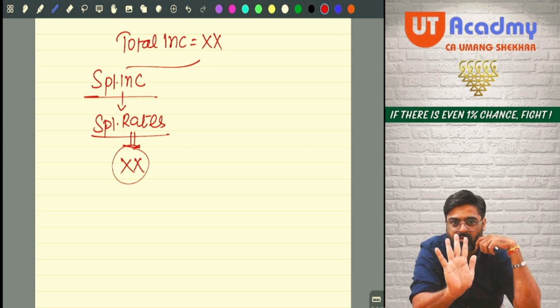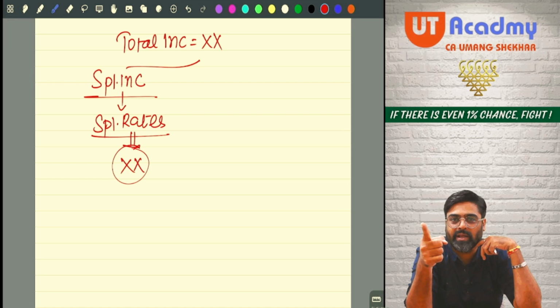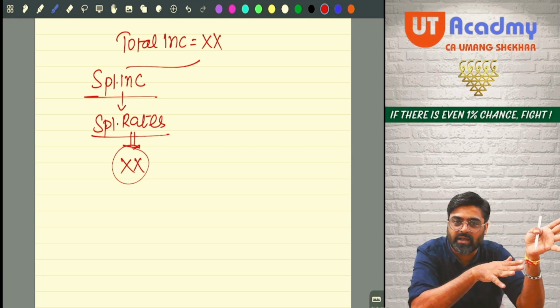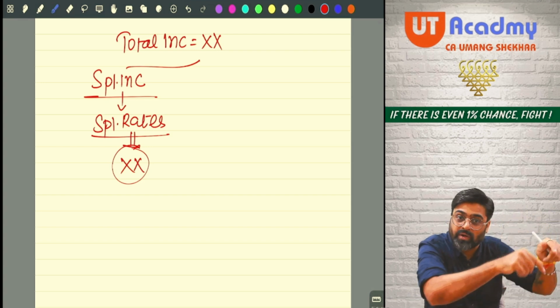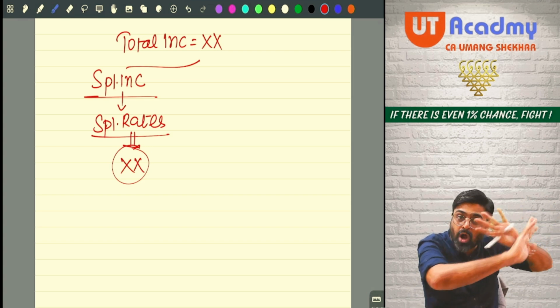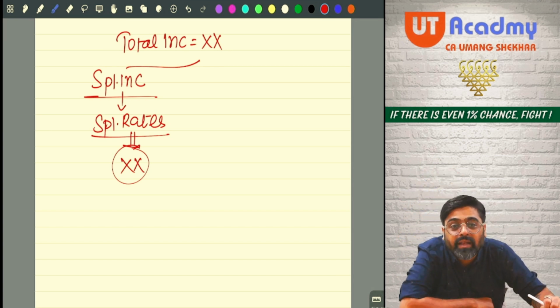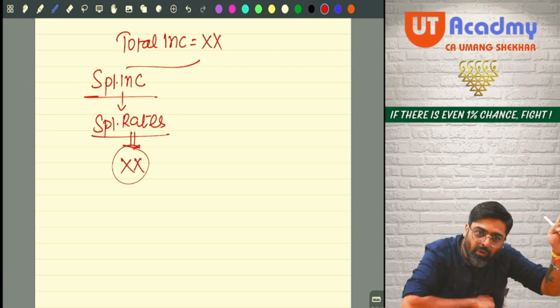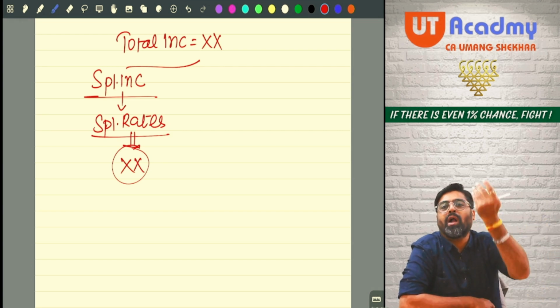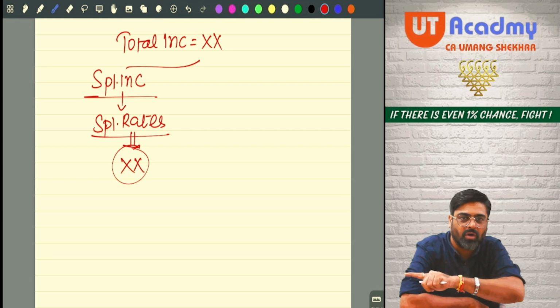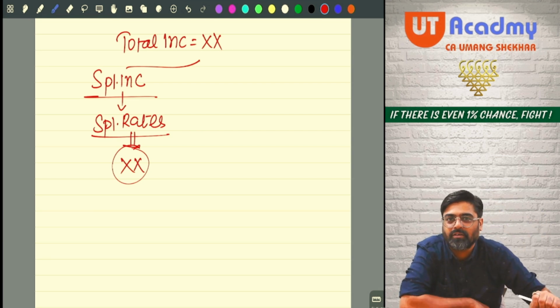But if while calculating this total income, you have not taken certain exemptions and deductions which will not be allowed under 115 BSE, meaning that you are staying in the default tax regime, then on the balanced total income, what rates will you apply? Not normal rates; now you will apply 115 BSE rates.